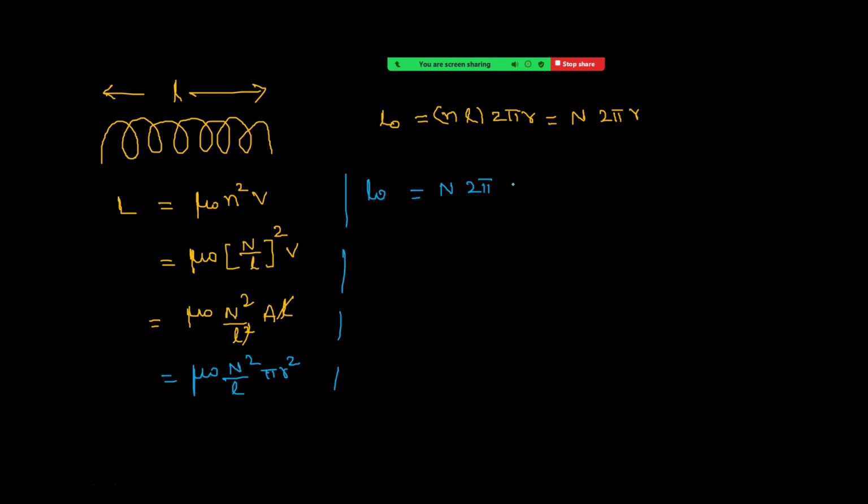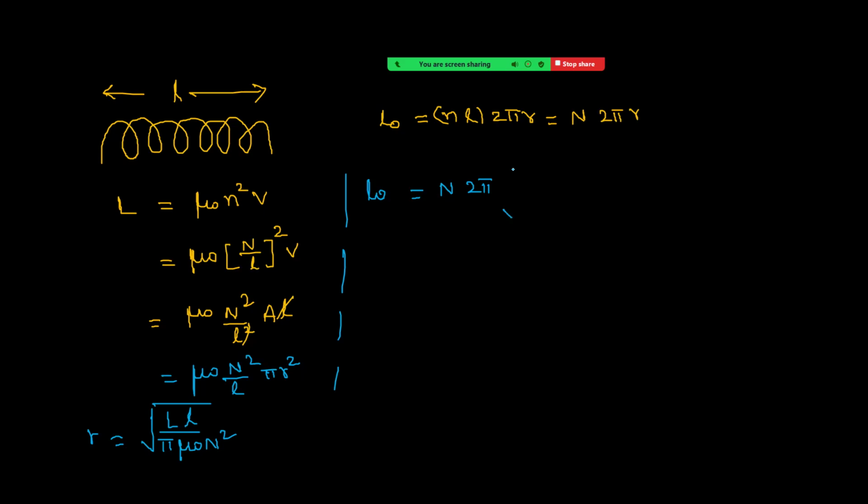Right? And substitute here the value of r from here, under root of L, L, see carefully once, L, L, pi mu naught n square. Let me cross check once, L, L, mu naught n square pi, right?